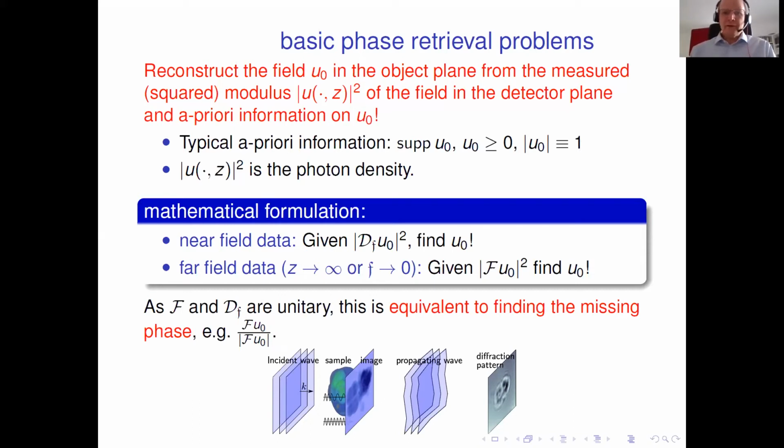So in order to solve this, you need prior information on the exit wave. So for example, information on the support, non-negativity, or information on the absolute value. Or in the far field case, the Fraunhofer regime, the phase retrieval problem is: given absolute values of the Fourier transform, find the exit wave.